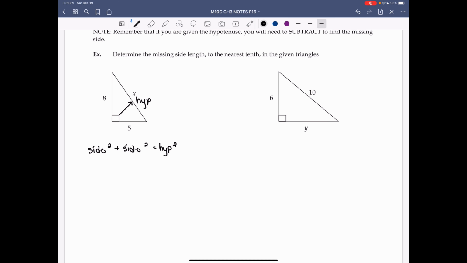Plug in our information. That gives us 5 squared plus 8 squared equals x squared. 5 squared, 5 times 5 is 25. 8 squared, 8 times 8 is 64, equals x squared. 25 plus 64 is 89, equals x squared. Then we want to take the square root of both sides to get x. Need my calculator for that one.